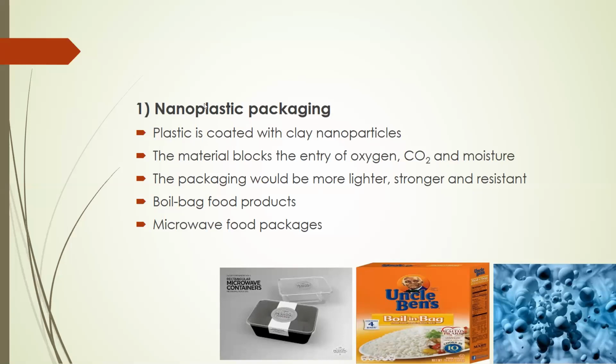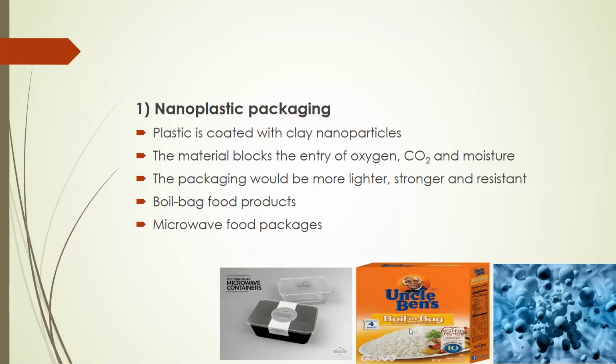And this means if we can make the nanoplastic packaging, then we can make the boiled bag food products. Boiled bag food products are those products that are actually boiled food items packaged in special packaging items.